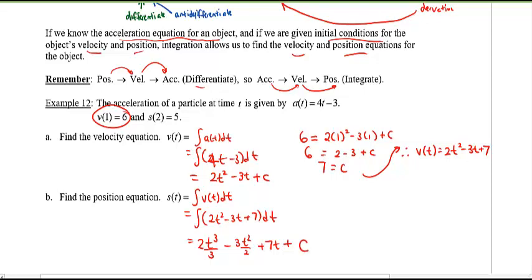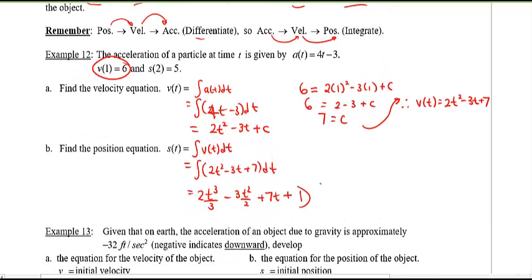Now you can call this C again if you want, but if this is something different than the previous C, maybe you want to denote it with a notation like C sub 2, or you can just use a different letter like D. It's up to you, okay? Once again, solve using the initial condition.